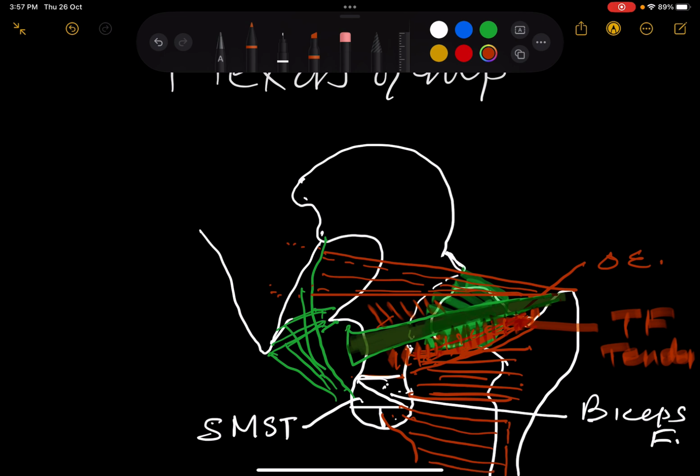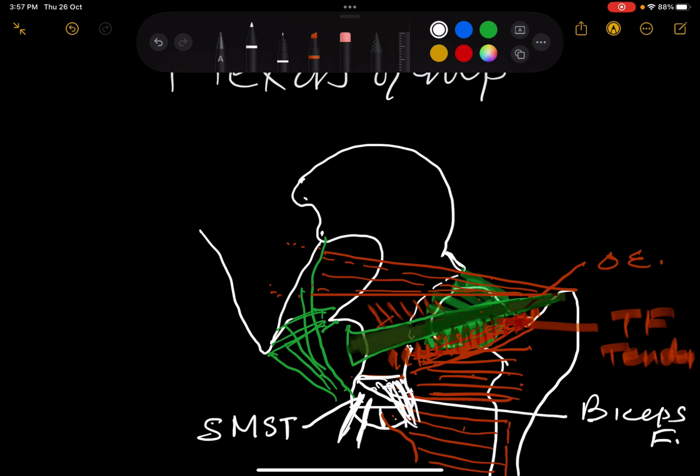So from top to bottom you have the piriformis, the superior gemellus, the obturator internus, the inferior gemellus, the quadratus femoris, and the adductor magnus. And all this is covered by the biceps femoris. Biceps femoris arising from here, and the semimembranosus and semitendinosus from this part.